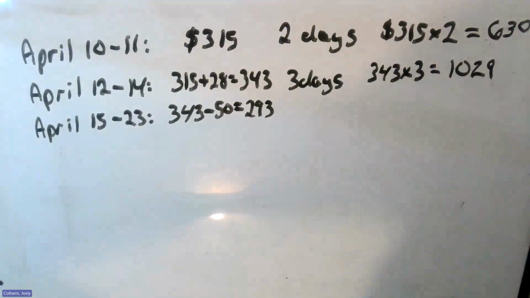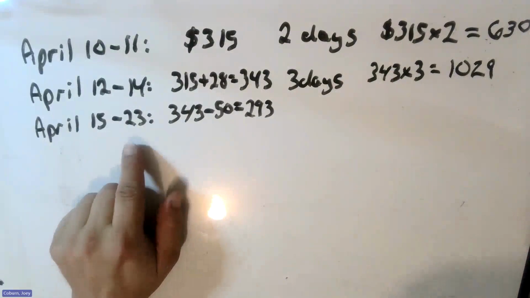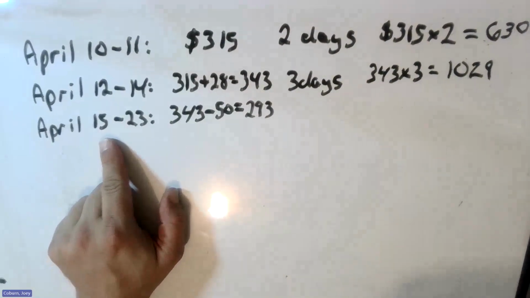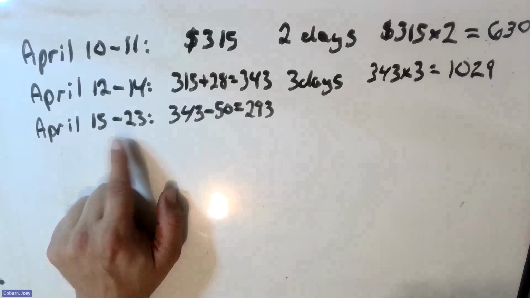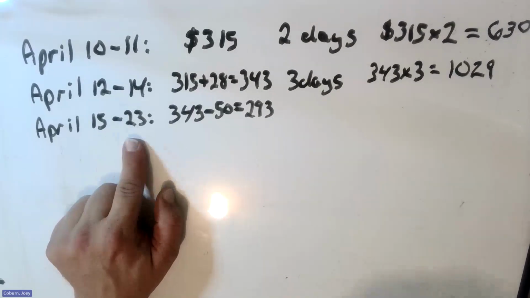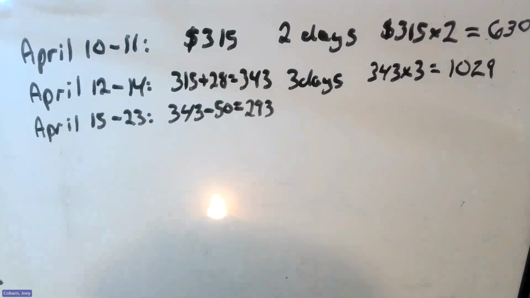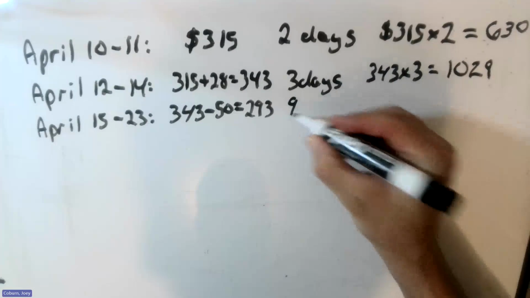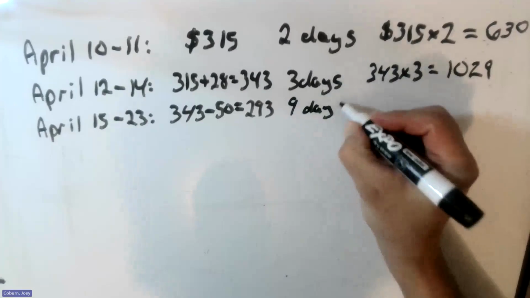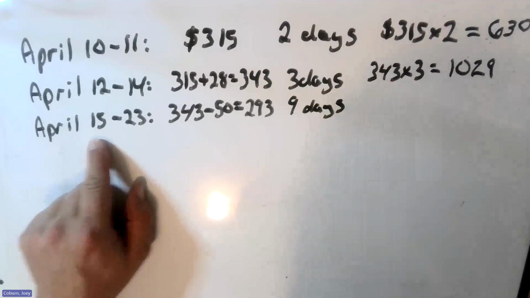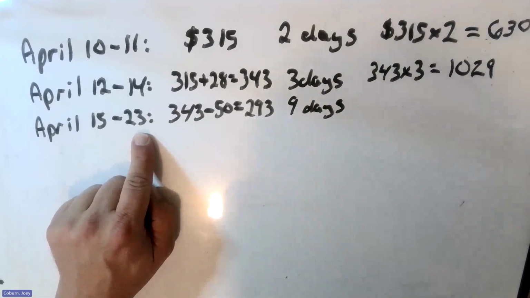And the way you can think of this, if it helps, like let's say this happens like at midnight of the 15th. So the entire day of the 15th, 16th, 17th, 18th, 19th, 20th, 21, 22, 23, it's part of this. We include the entire April 15th. So how many days was that? Well, that's 9 days. We made this payment on the 15th, and things stayed, nothing else changed all the way through the 23rd.